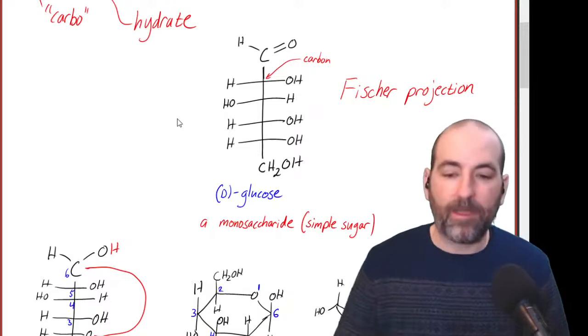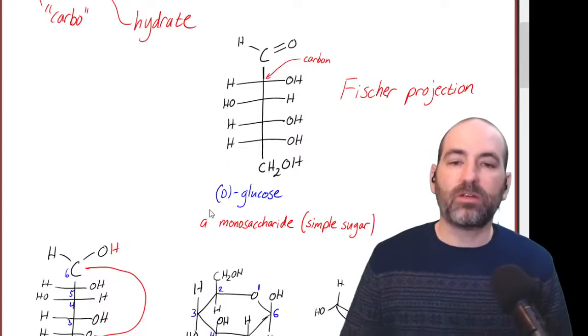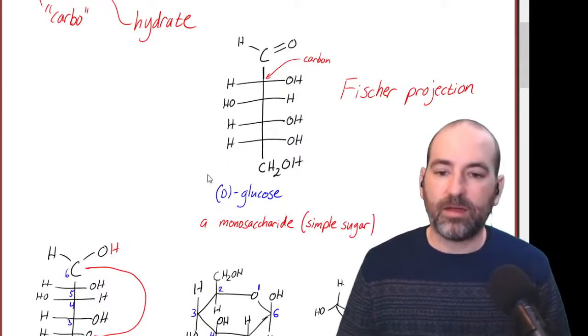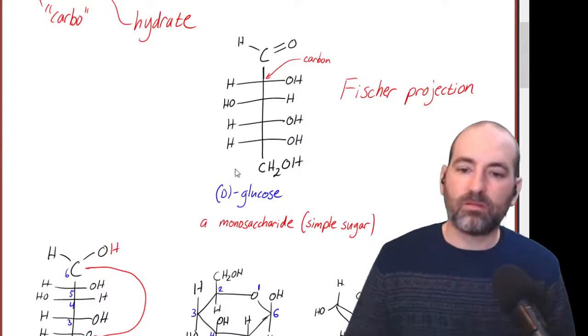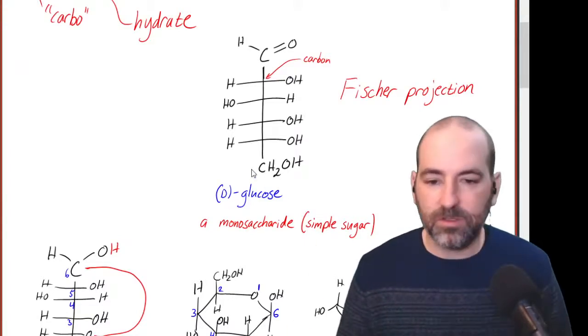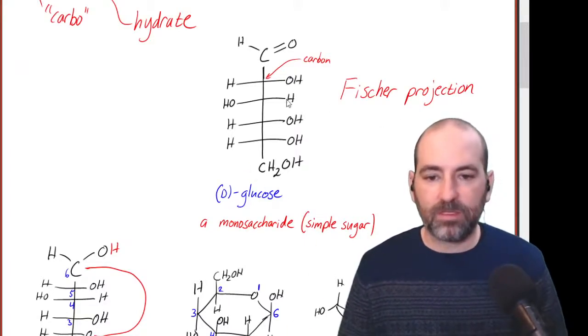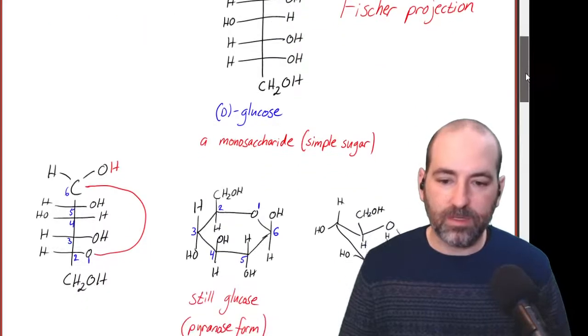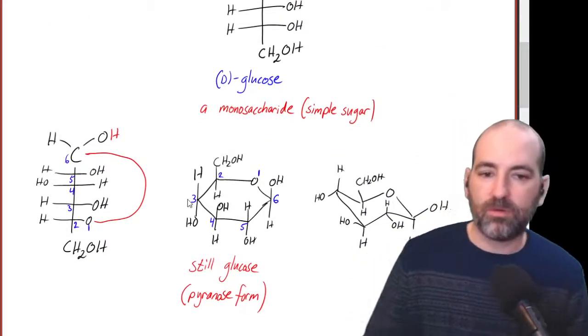We don't need to really worry about that, but most naturally occurring sugars are D sugars, and we can also encounter the L ones, but when we talk about just normal glucose, we're talking about D glucose.